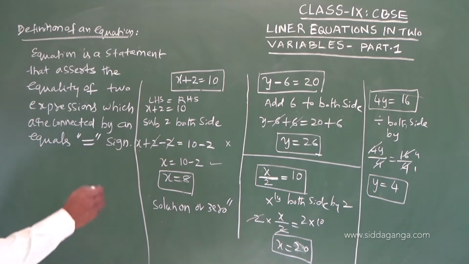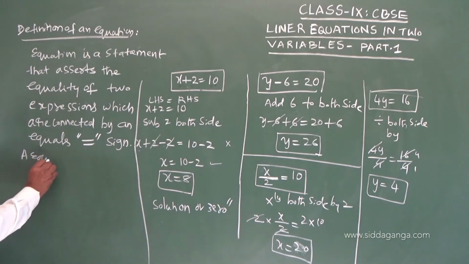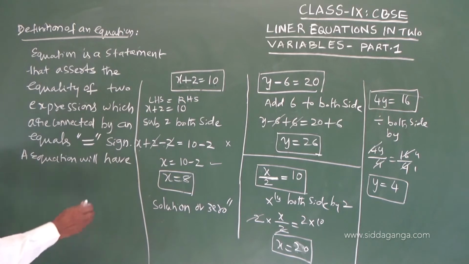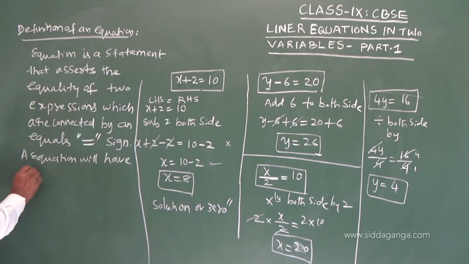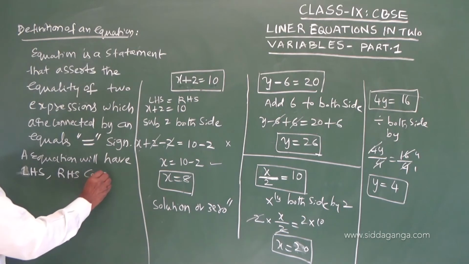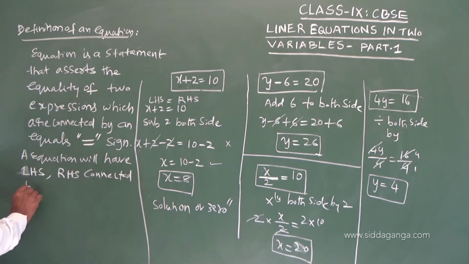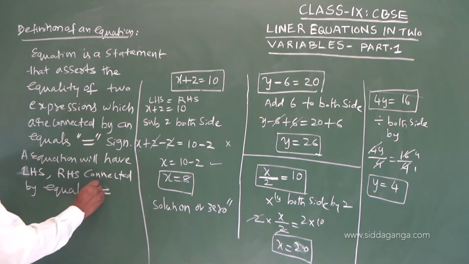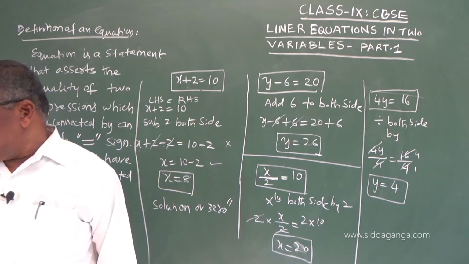An equation will have a left hand side, LHS, and a right hand side, RHS, connected by equals.